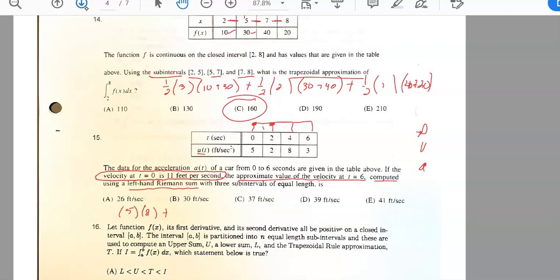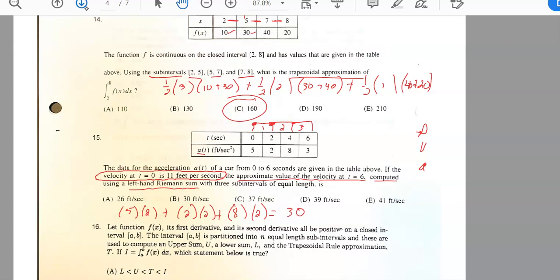The left endpoint functional value for the second one is 2. The base is also 2. And then for the third one, our functional value is 8, and our change in time is 2. So if we just did that part of it, that would give us 30.